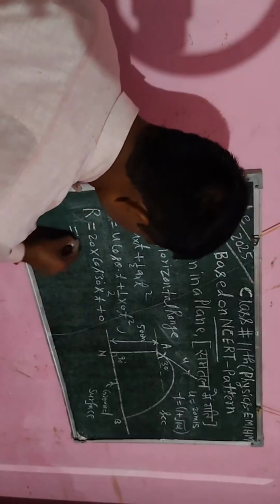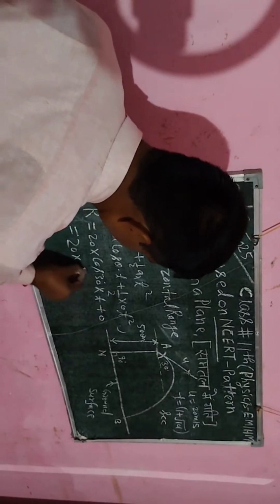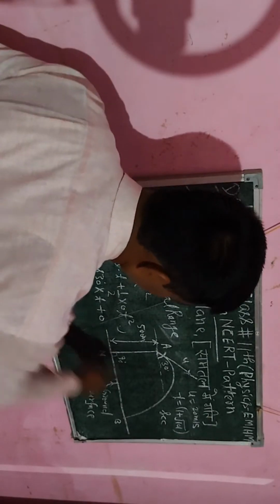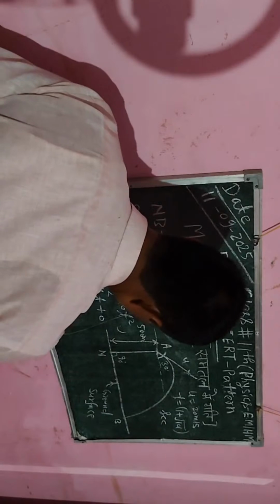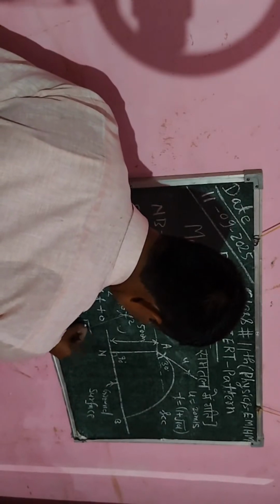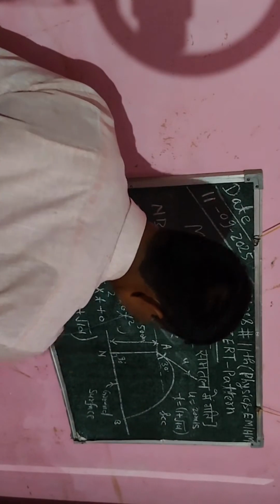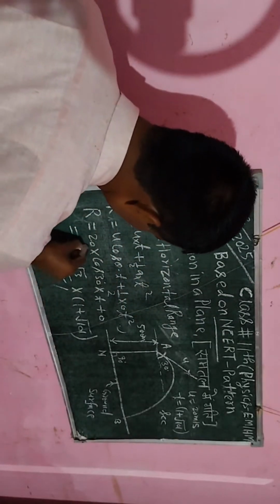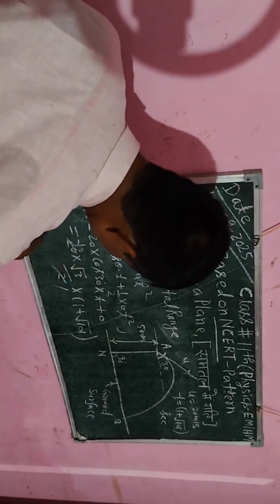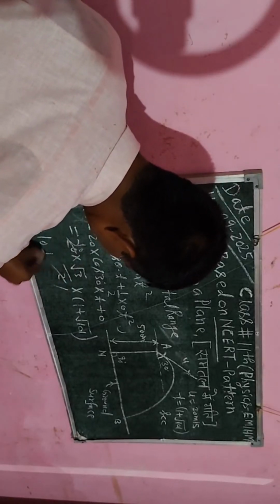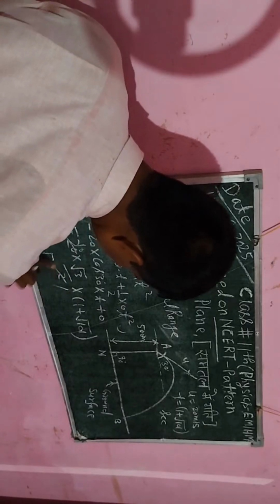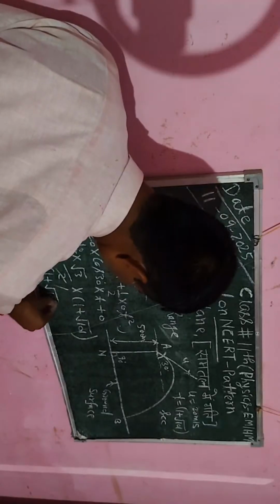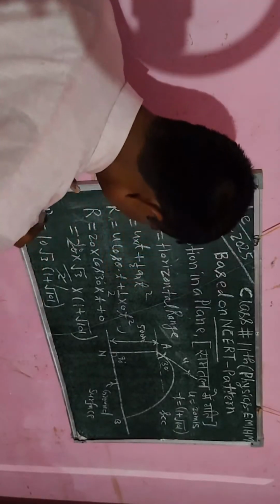Now further I will simplify 20 into cos 30 degree, that is root 3 divided by 2, into the value of t, which is 1 plus root 101. I will simplify the 2 and the 20. So after simplifying I will write 10 root 3 into the bracket 1 plus root 101, and this is the range.